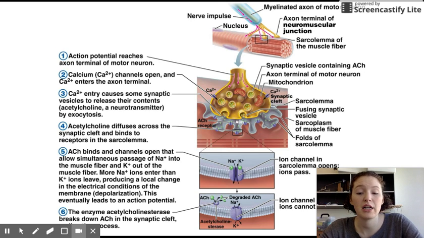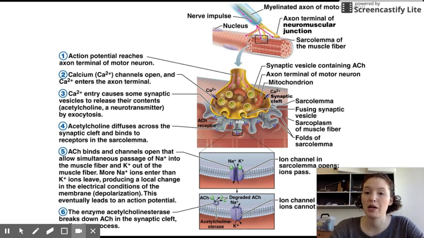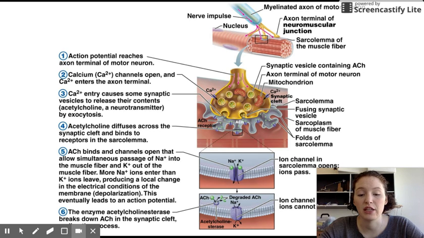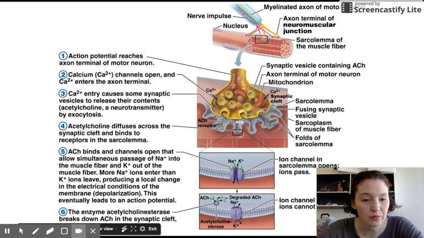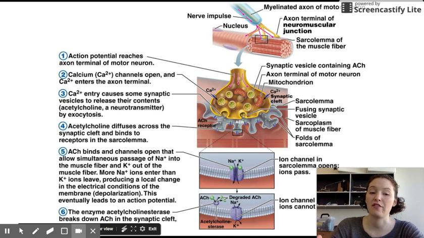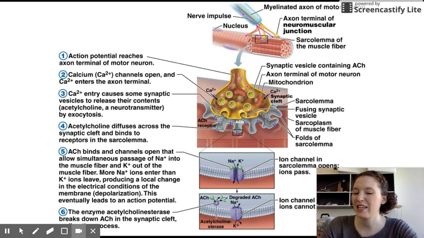More sodium ions enter than potassium leaves, producing a local charge, a depolarization. So we're becoming more positive, less negative in the electrical conditions. And that leads to the action potential occurring in the muscle cell itself. Again, we have more positive coming in than leaving, even though we're only dealing with positive ions.